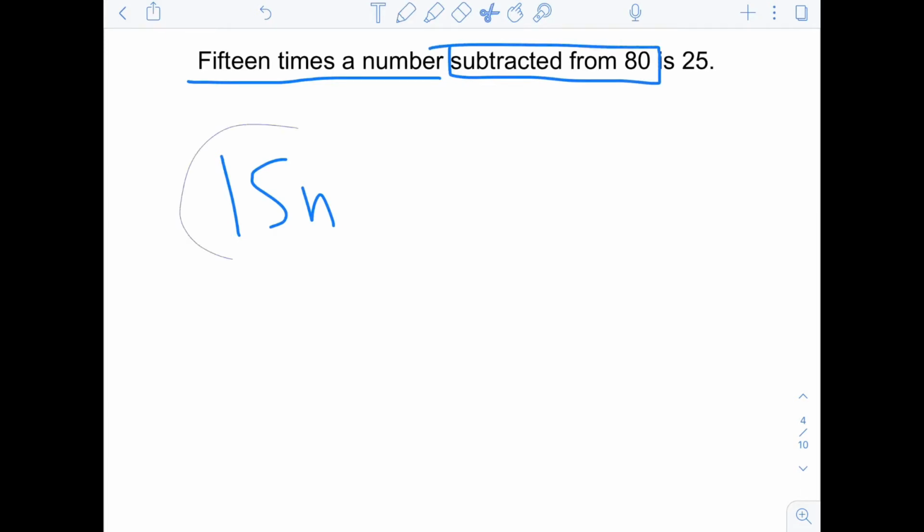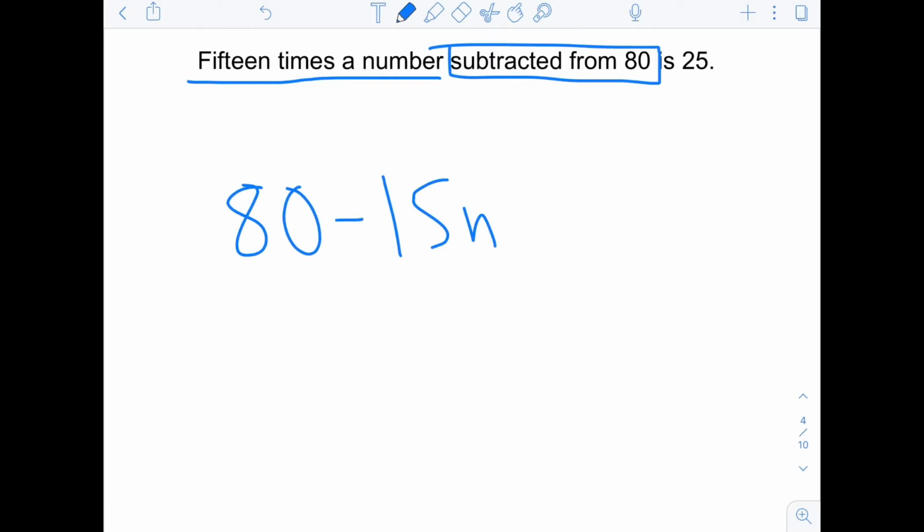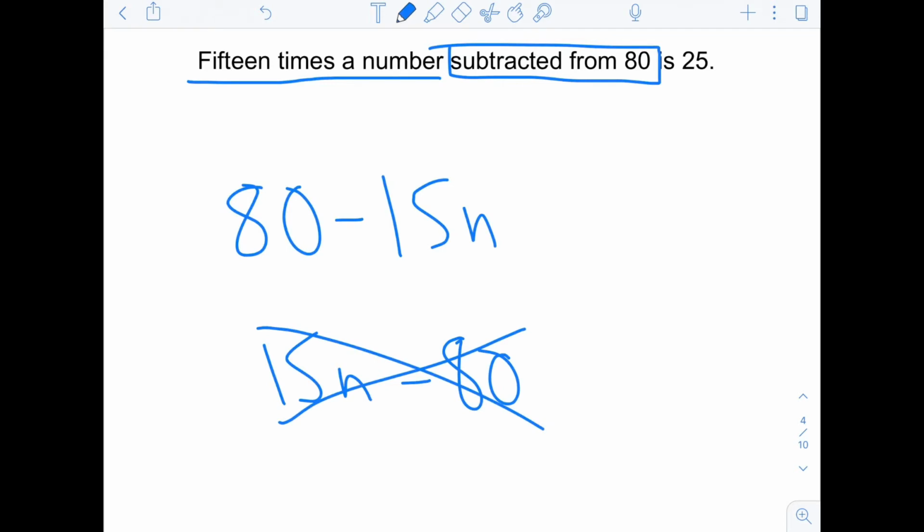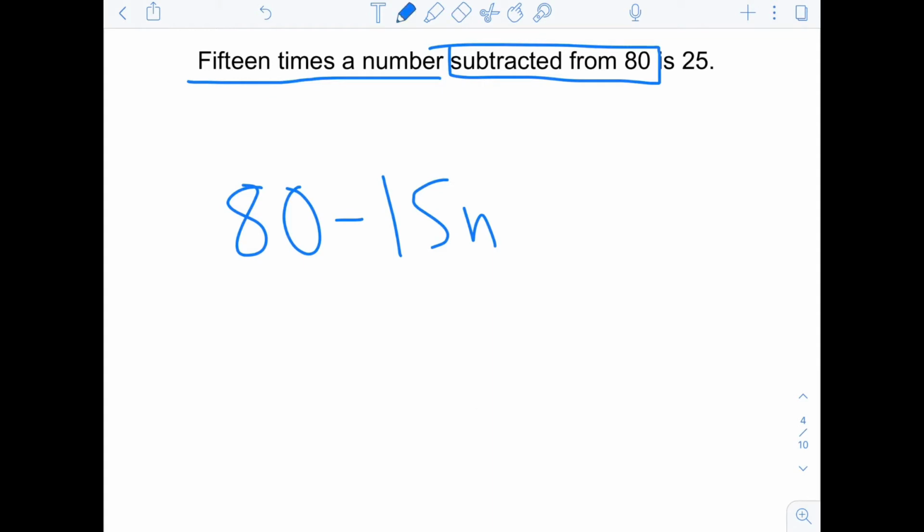So we're taking this 15n and subtracting it from 80. We're not doing 15n minus 80, because that means subtracting 80 from 15n. But over here, we're subtracting 15n from 80, which is what it's asking for. And the next part is 25, so it equals 25.